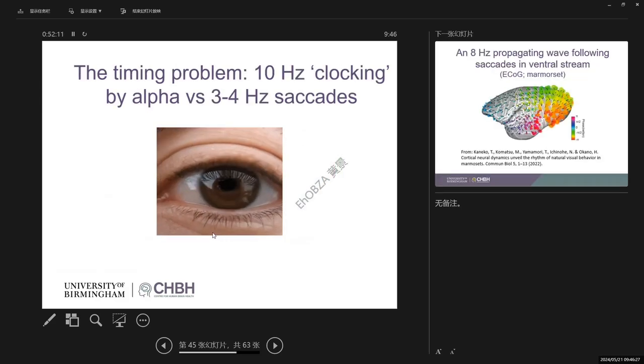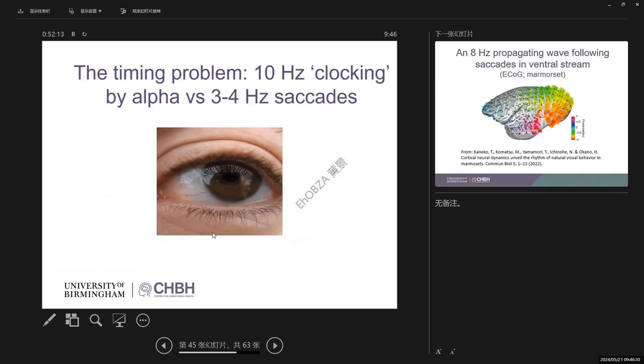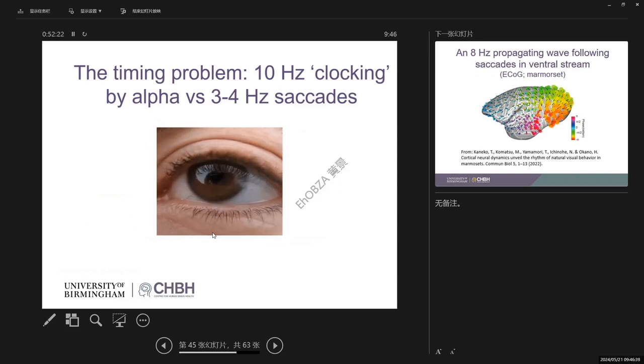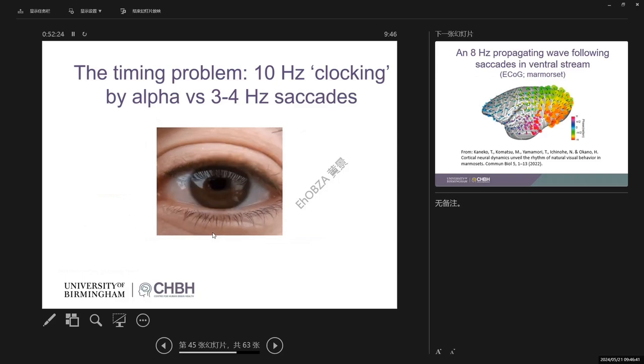And this is also motivated by the fact that we saccade 3 to 4 times per second. But if you think about the alpha oscillations being a clocking mechanism of visual processing, these timescales actually fit together in a quite awkward sense, right?